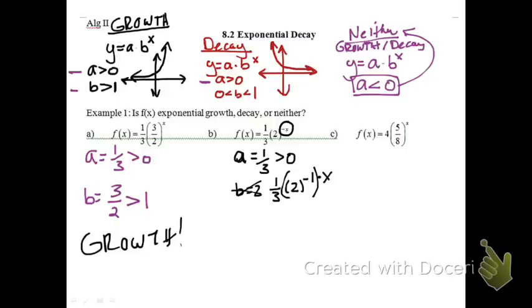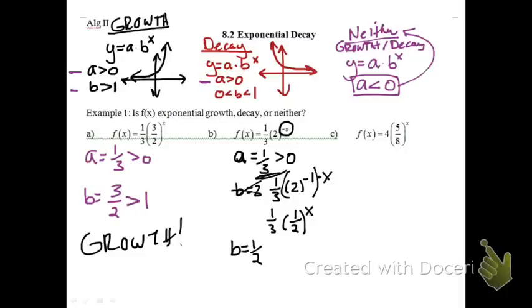But I can now apply that negative 1 power to the 2, making this 1/3 times 1/2, if you move the 2 downstairs, to the positive x power. Now I still have the same a value of 1/3, but my b value is not 2, it's actually 1/2. A lot of students get tricked on that because of the negative exponent. You have to apply the negative to the base and bring the base down into the denominator.